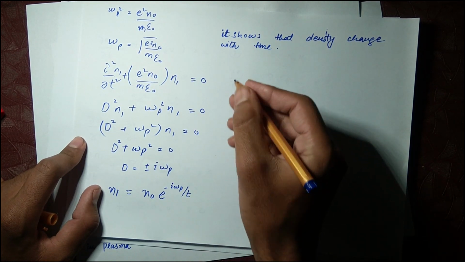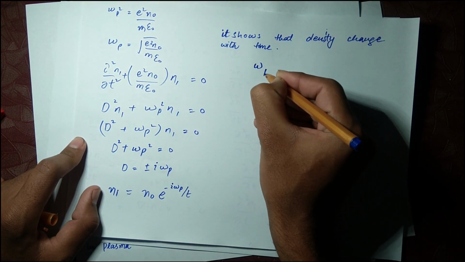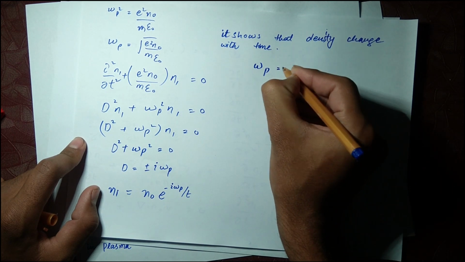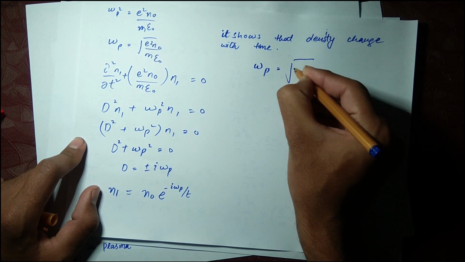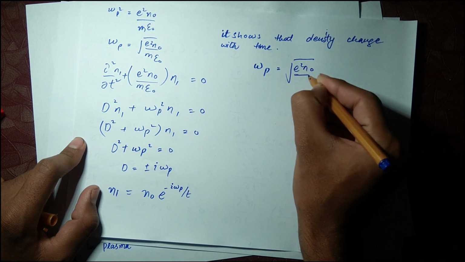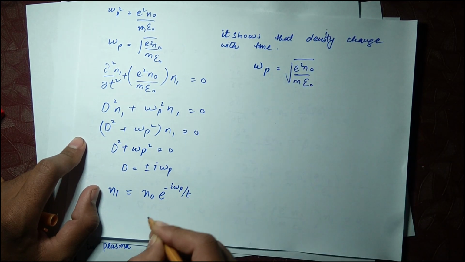So omega p will be equal to the square root of e square n naught over m epsilon naught.